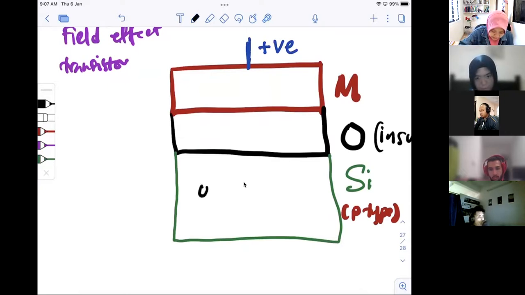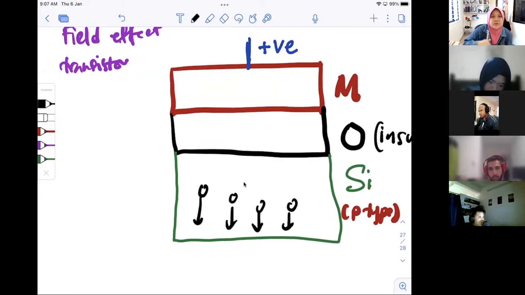So Amy was saying the holes are being repelled. What else happens? The electrons are attracted to the top. Good. Is the electron a majority or minority? Minority. Good.